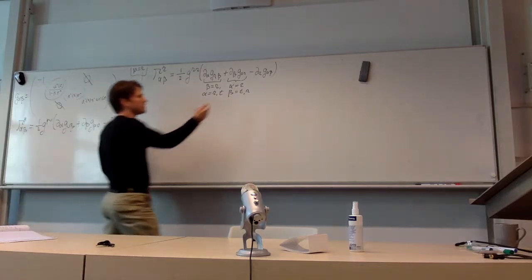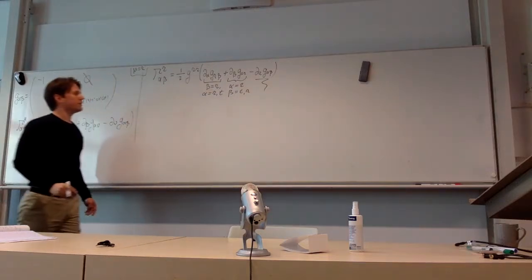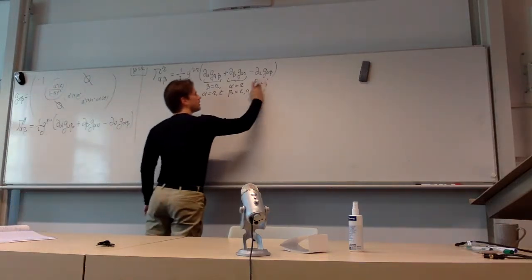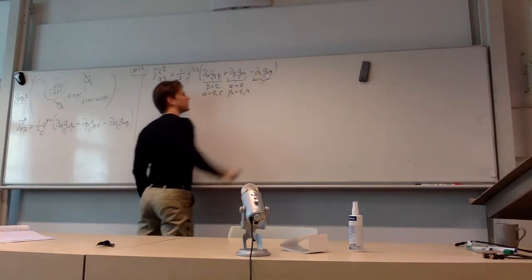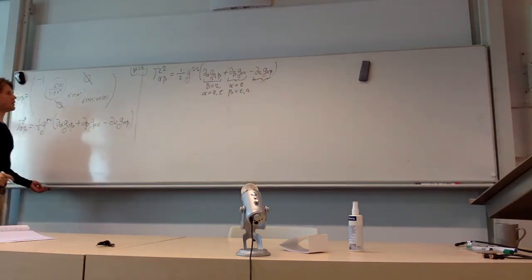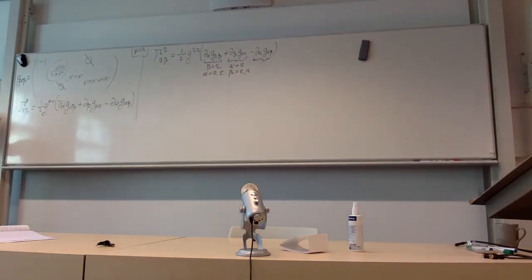How about this one? When is this non-zero? When alpha and beta are equal and the metric entry has an r in it? Yes. First of all, alpha and beta have to be equal because, again, it's a diagonal matrix. And it can only be the alpha and beta such that it has an R dependence in that metric element because we're taking an R derivative.